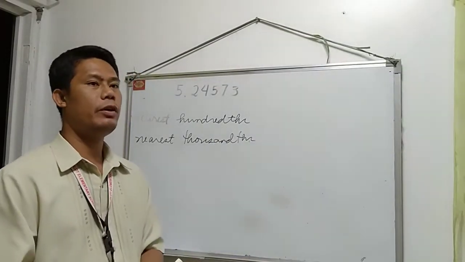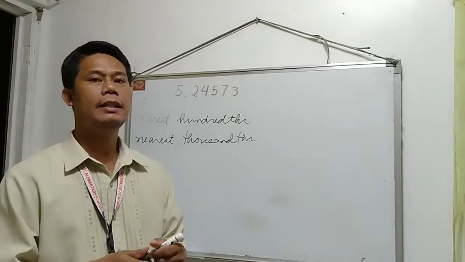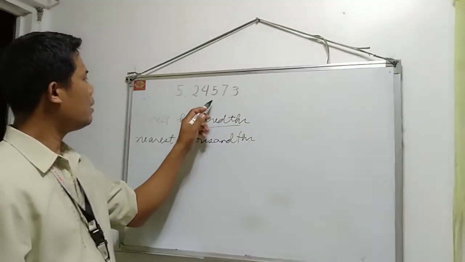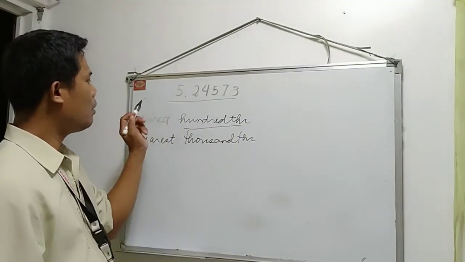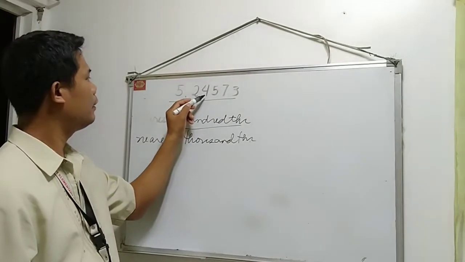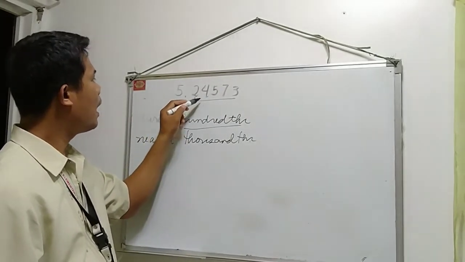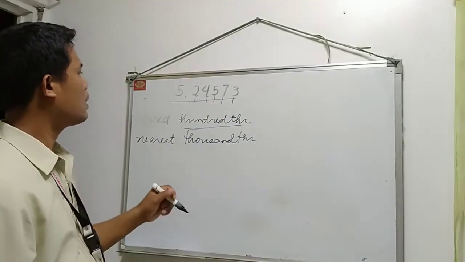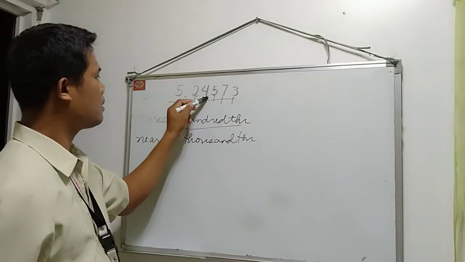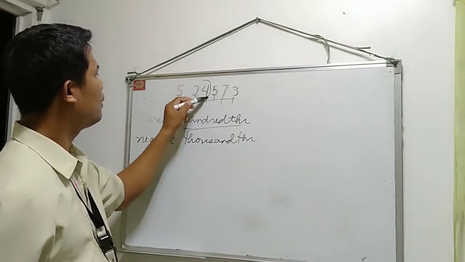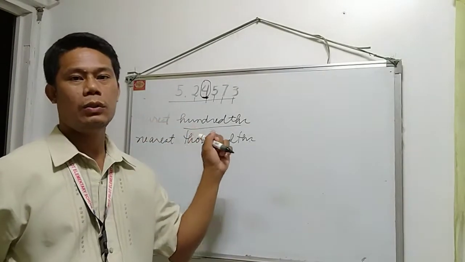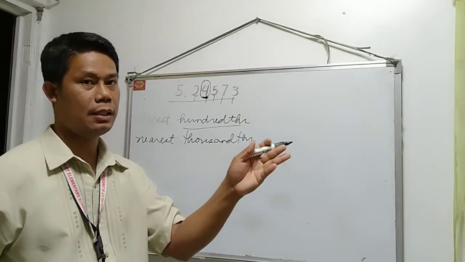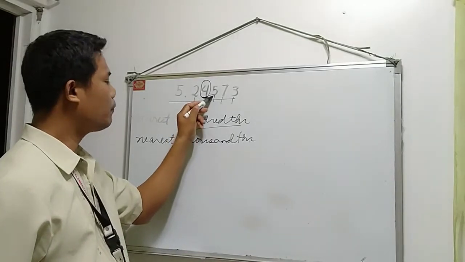Okay, so again, I'm going to explain without using the number line. First, round to the nearest hundreds. In our number here, our hundreds digit is 4. Again, this is tens, hundreds, thousands, 10,000s, 100,000s. So this is our hundreds, 4. After we know the rounding digit, you are going to look at the number at the right side. The right side of the number is 5.